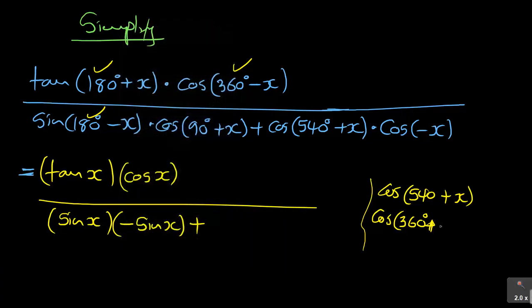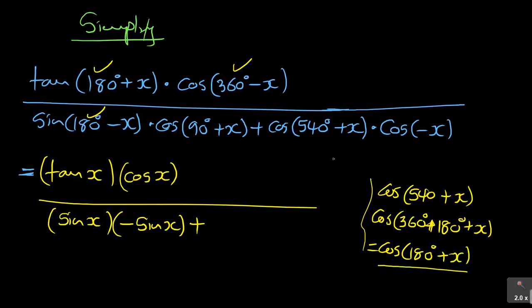So it's 360 plus 180 degrees plus x. So this then becomes cos 180 degrees plus x. That is actually what you're dealing with.